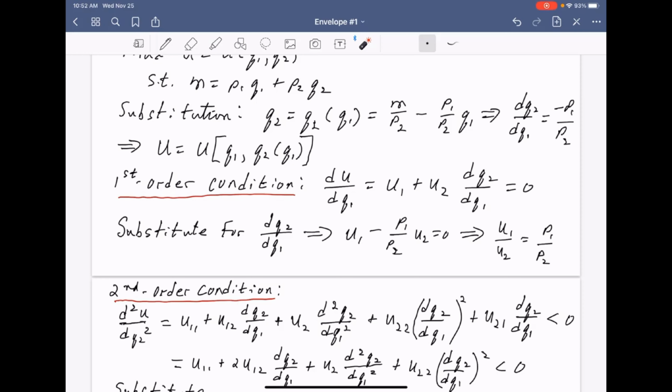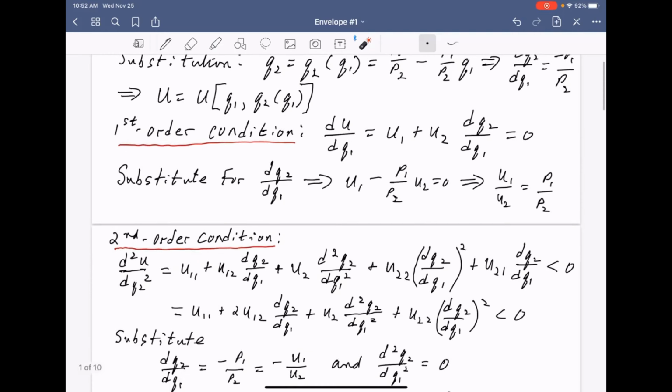We substitute for that derivative dQ2 over dQ1 this value up here, and we then get the marginal utility of 1 minus the price ratio times the marginal utility of 2. When we rewrite that, we get our old result back, where the ratio of the marginal utility of 1 to 2 is equal to the ratio of prices P1 to P2.